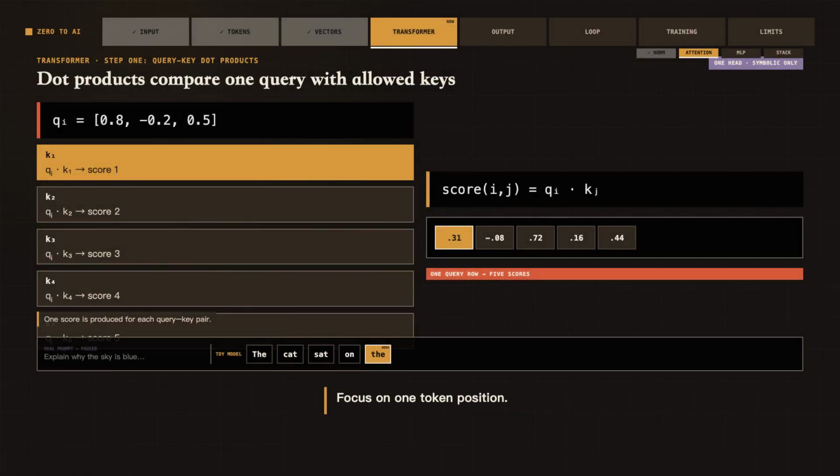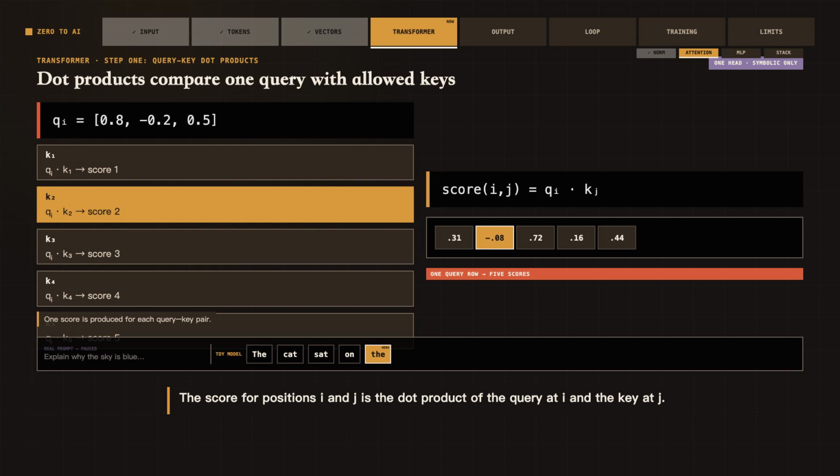Focus on one token position. Call its query Q at position I. Every allowed token position has a key, K, at position J. The model computes a dot product. The score for positions I and J is the dot product of the query at I and the key at J. A dot product multiplies matching coordinates and adds the products.